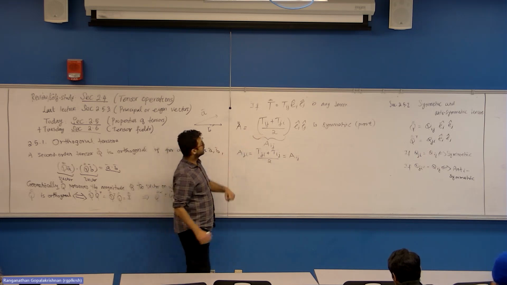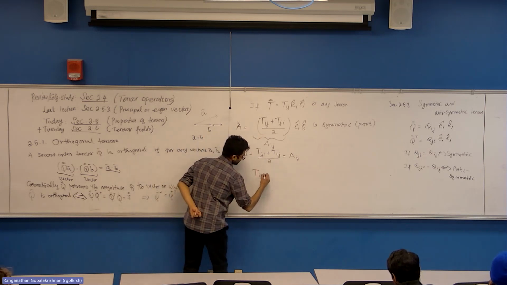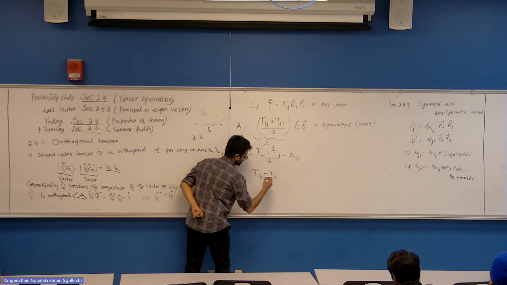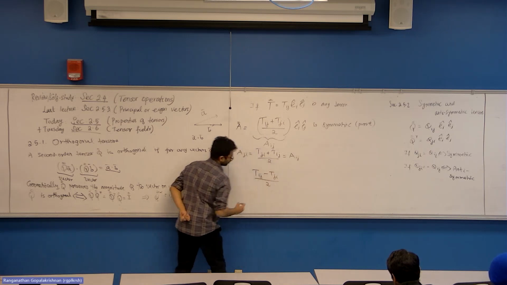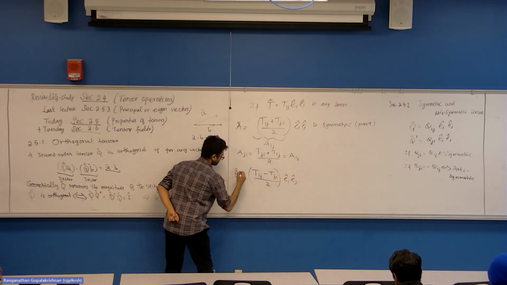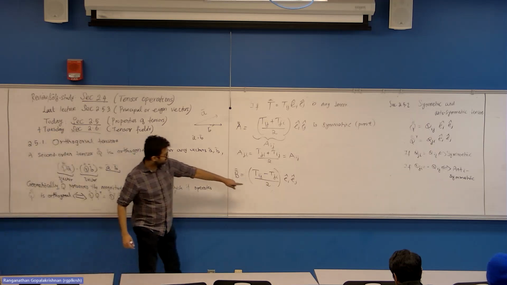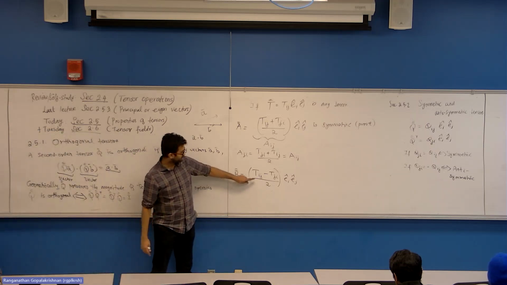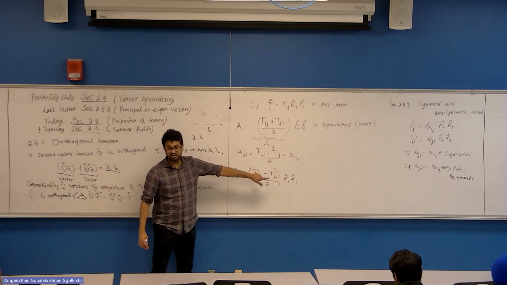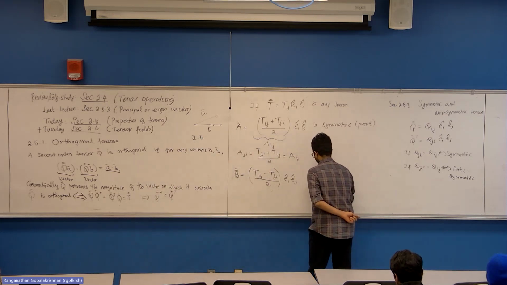Okay, consider the other combination. (Tij minus Tji)/2, Ei Ej, and we'll call this B. This tensor whose components are constructed as (Tij minus Tji)/2 is an antisymmetric tensor.